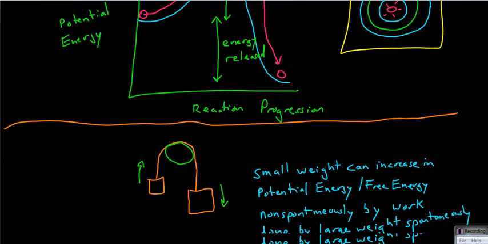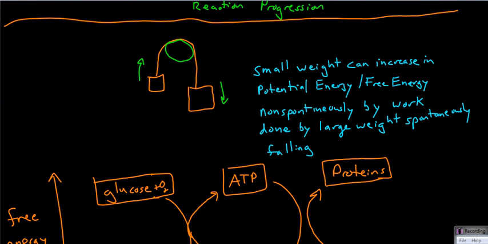On another topic, this weight, can it rise spontaneously? No. Things are naturally drawn by gravity towards the Earth. Yet, you can make this weight rise. You can make this non-spontaneous process occur by coupling it with a spontaneous process.